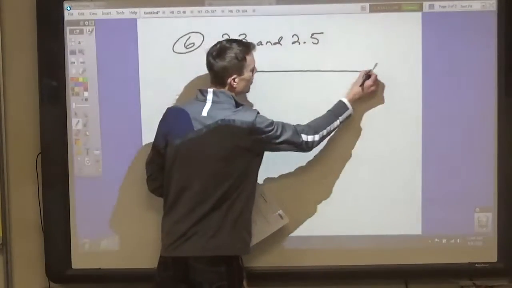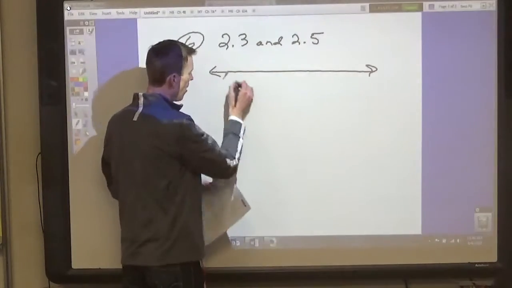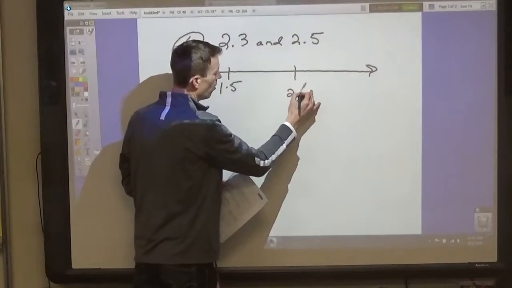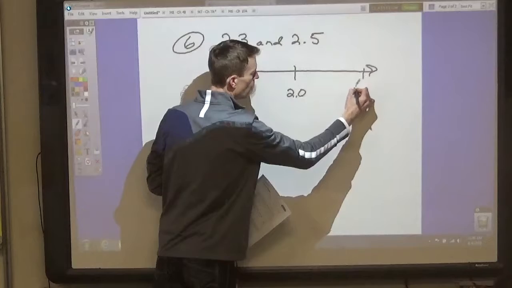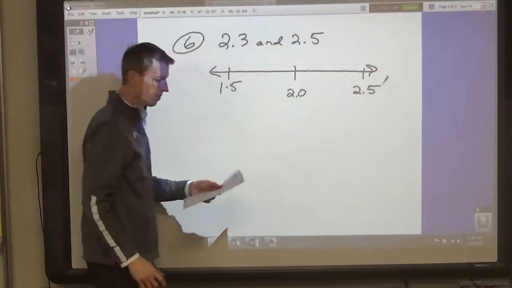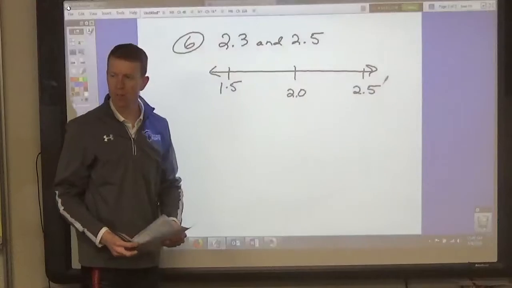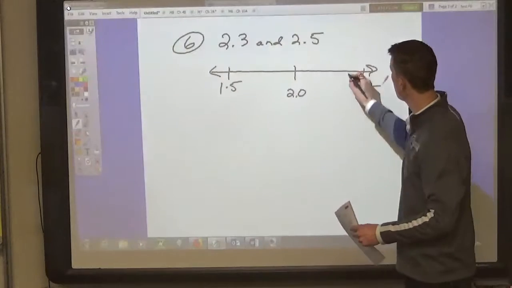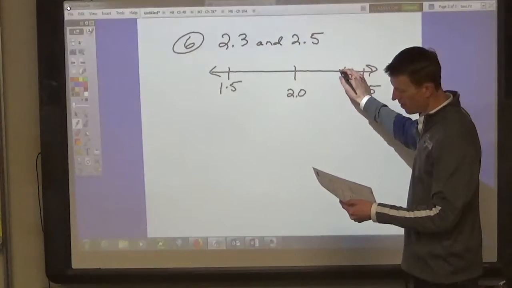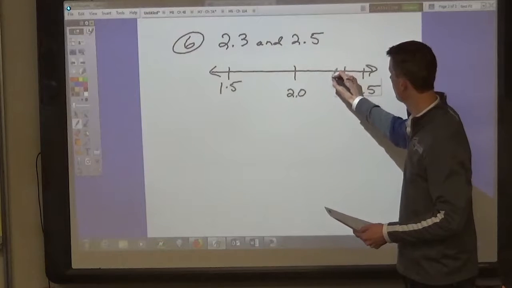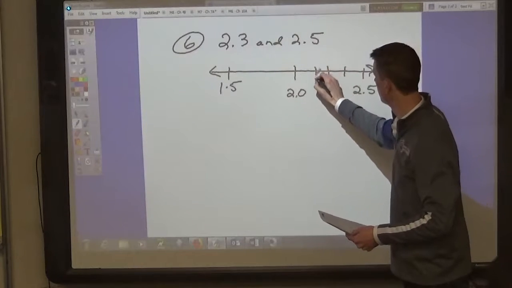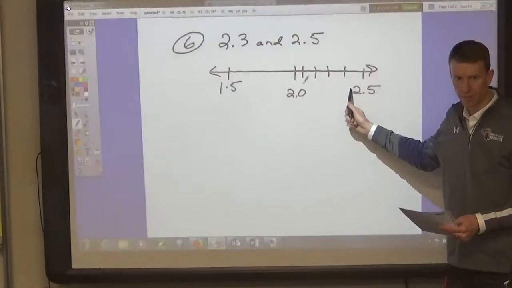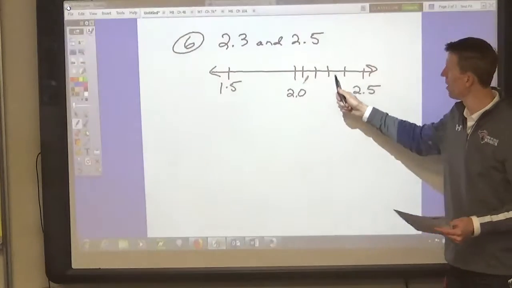So on the number line, you have 1.5 listed, and you have 2.0 listed, and you have 2.5 listed. So then you need to label these other numbers in there. Okay? Make sure you label the other tick marks on there. No, I don't want you to label each one.